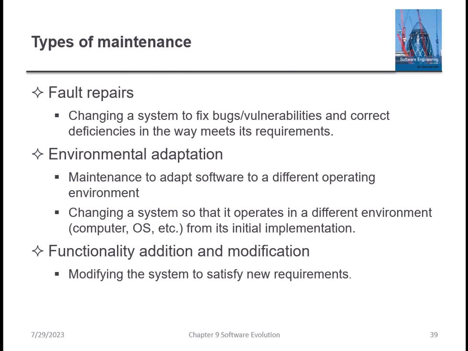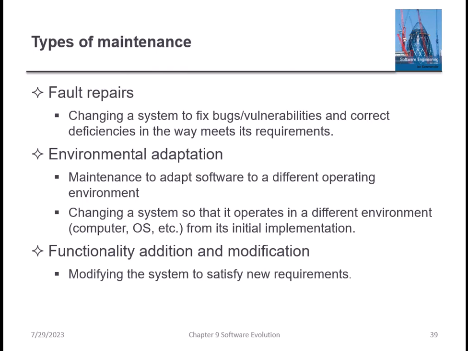Another category of maintenance is environmental adaptation maintenance: maintenance to adapt software to a different operating environment. Sometimes software is not compatible with all the operating systems and creates issues when, for example, a new version of the operating system comes. Let's take the example of Windows 11.